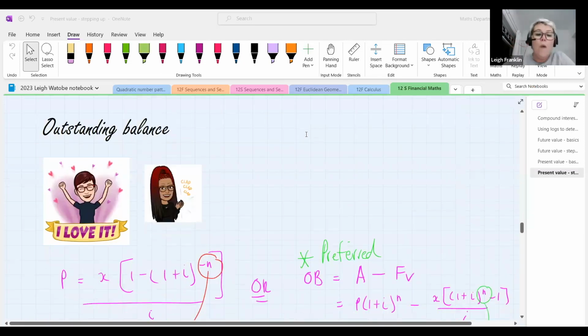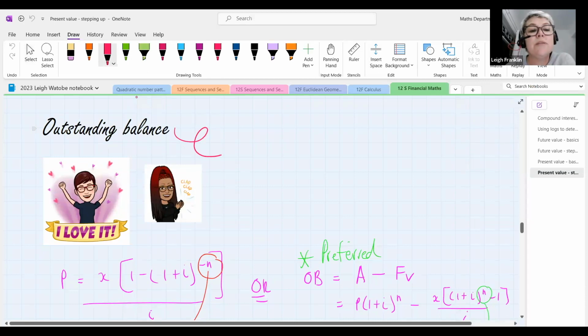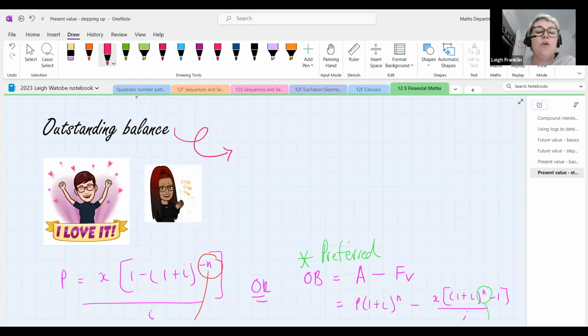So when we are talking about the outstanding balance on a loan, what do the words outstanding balance mean? What does it mean in English if we had to describe it to someone who wasn't doing financial maths? How would we describe what outstanding balance means?